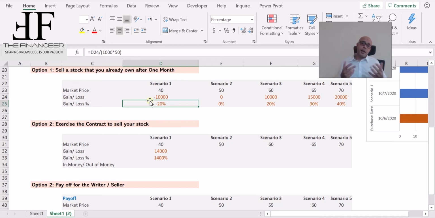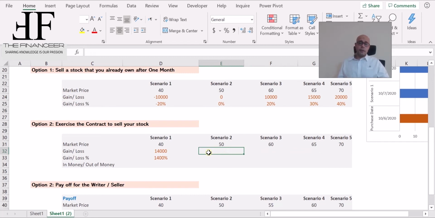But on the other hand, if you played it very well and the market reacted as per your expectation, you are going to start achieving gains with very minimal investments. That's why derivatives allow you to limit your loss. I'm going to tell you how we can limit our losses, and achieve gains on a minimal investment.